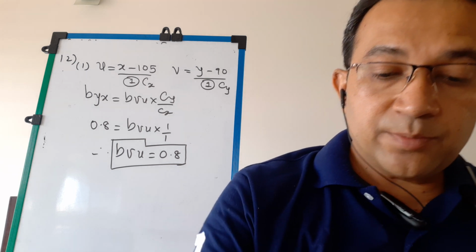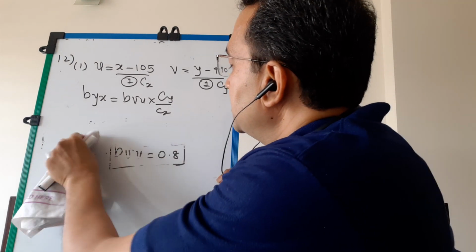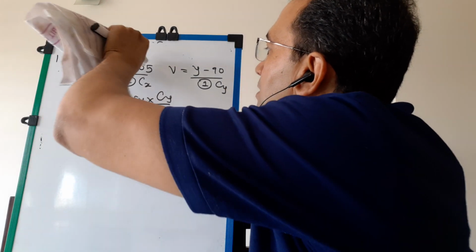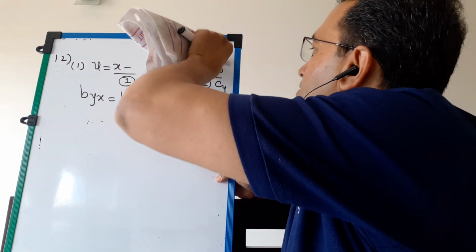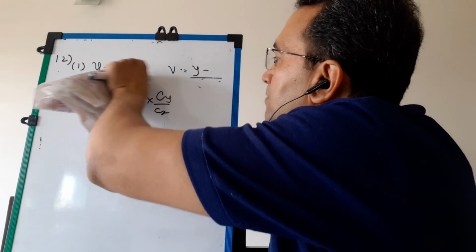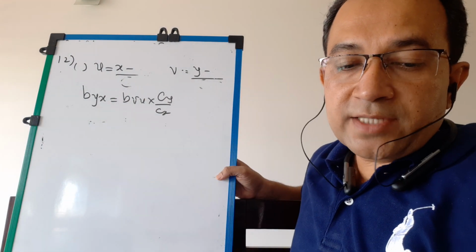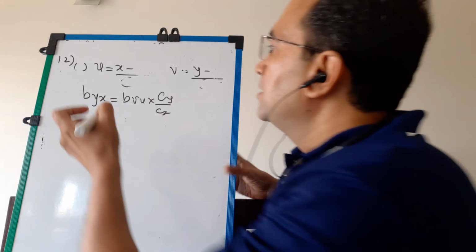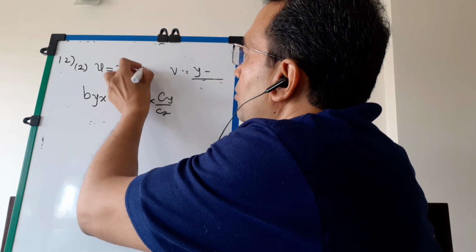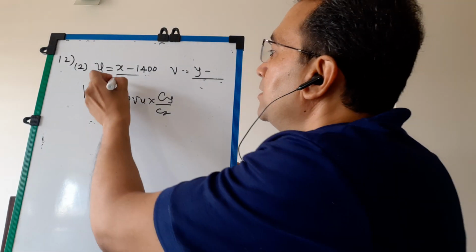Now the second part of the sum, u is equal to, keeping this formula as it is, x minus, let us check what are the values given in part 2. U is equal to x minus 1400 upon, how much is given? 100.